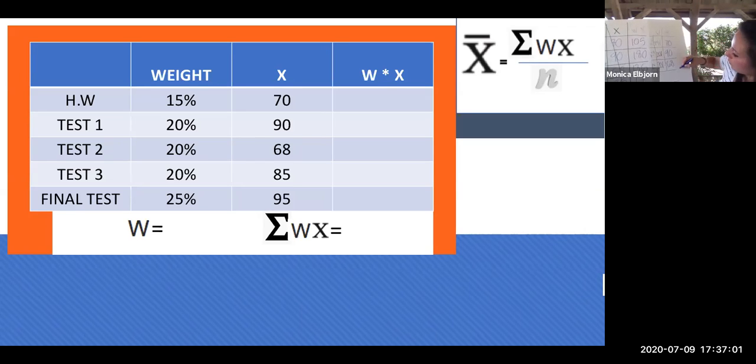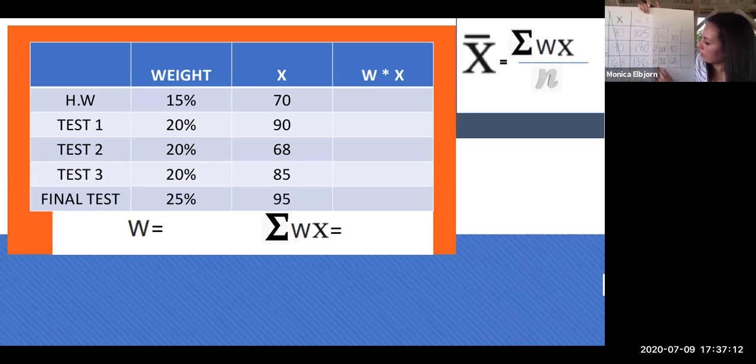So what do you do? What should we do? We said, oh, we only got until our test 2, we got 68, we got 90, and we got 70. And so how do we start?